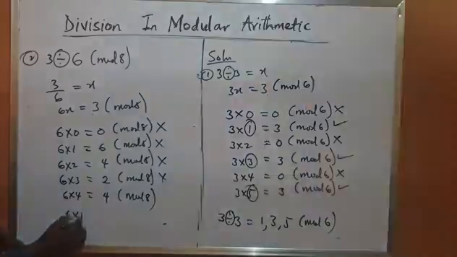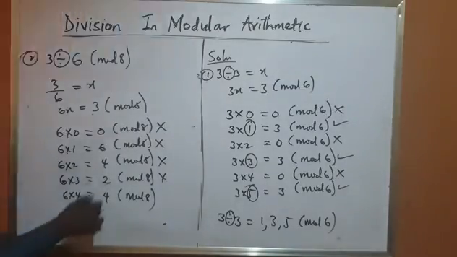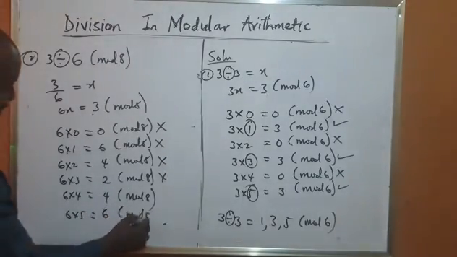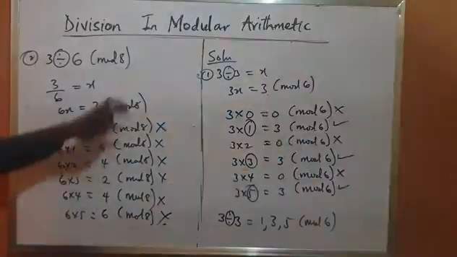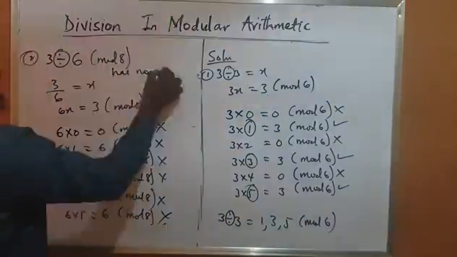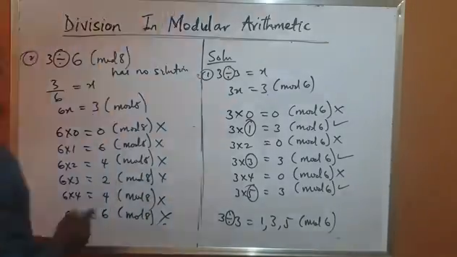Then 6 times 5 is 30. 30 here is 6 mod 8. So you notice that none of them gives 3, which means this has no solution. I hope this is very clear.